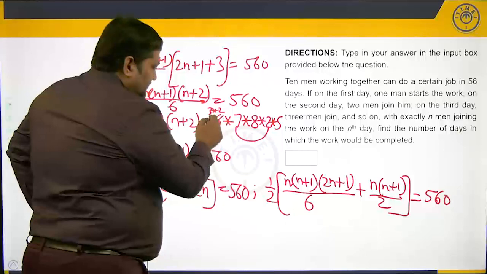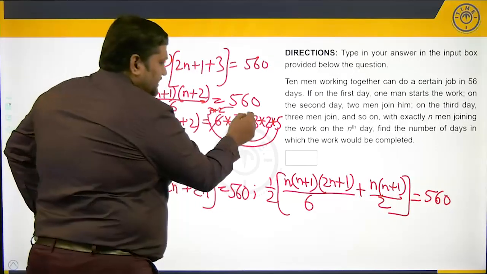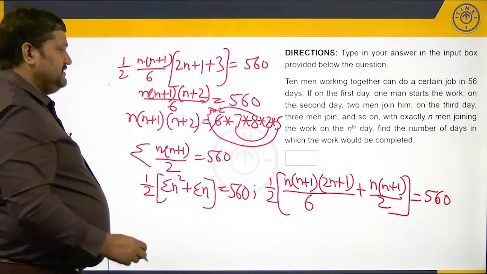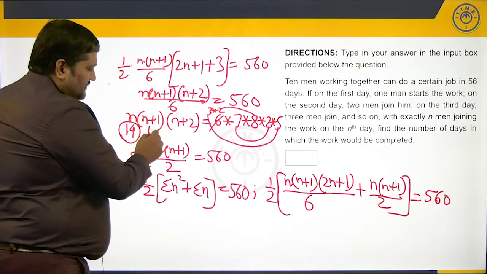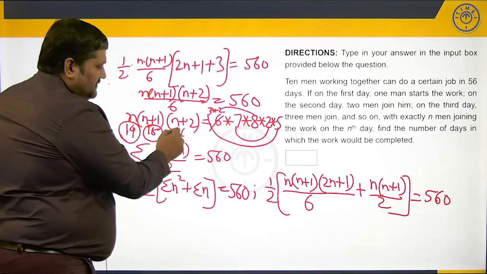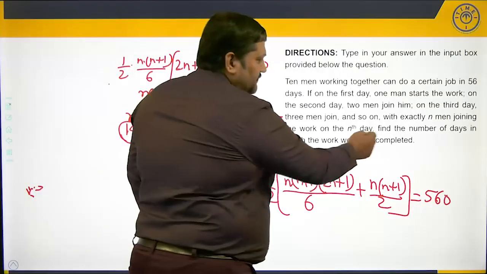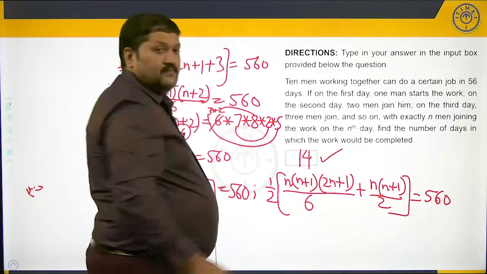So we have 14, and 3 into 5 is 15, 2 into 8 is 16. So we have 3 consecutive terms 14, 15, 16. So this should be 14, this should be 15 and this should be 16. The value of n is nothing but 14. Find the number of days in which the work can be completed. Your answer should be 14.